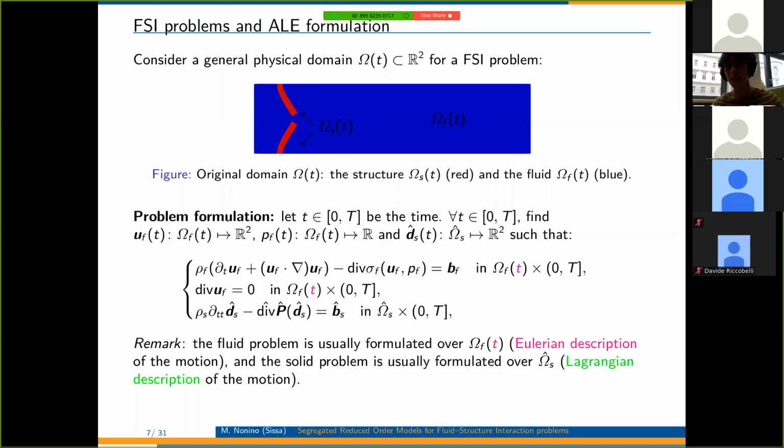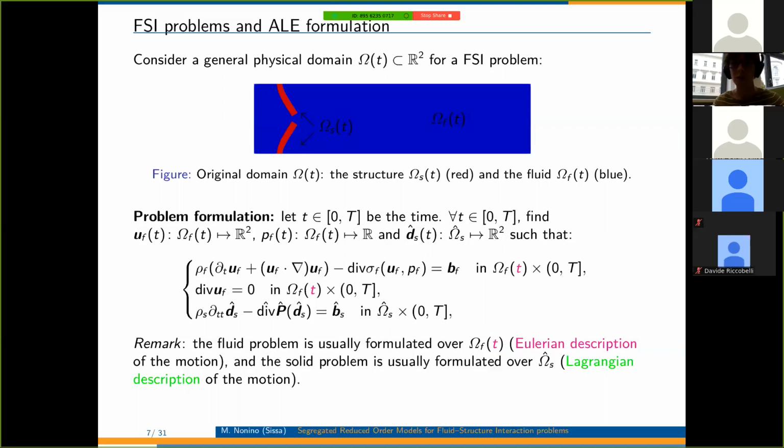So this represents an important fact in the framework of fluid structure interaction problems, because usually to describe the motion of fluid, you adopt the so-called Eulerian description of the motion. So the equations of the fluid are formulated on a time-dependent domain. Whereas for the solid problem, you can adopt the Lagrangian description of the motion. So you can formulate the problem on a reference configuration which is time independent.